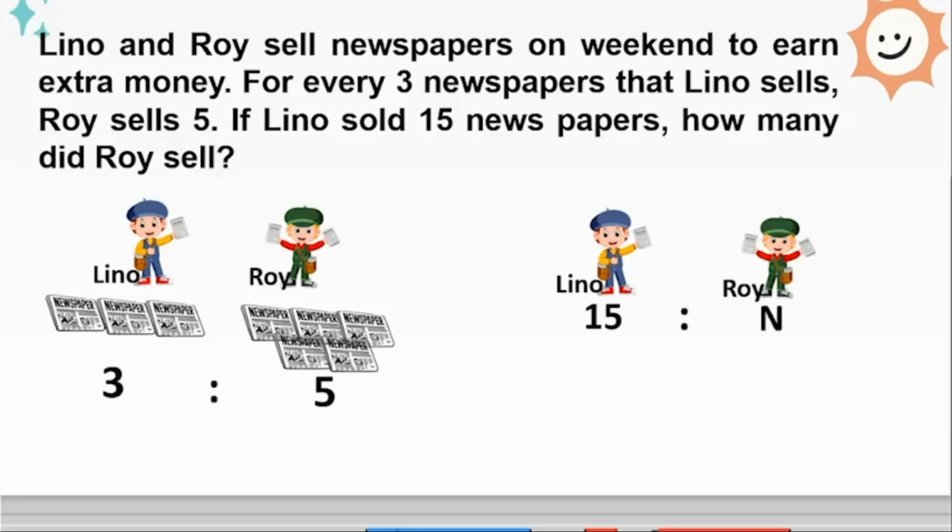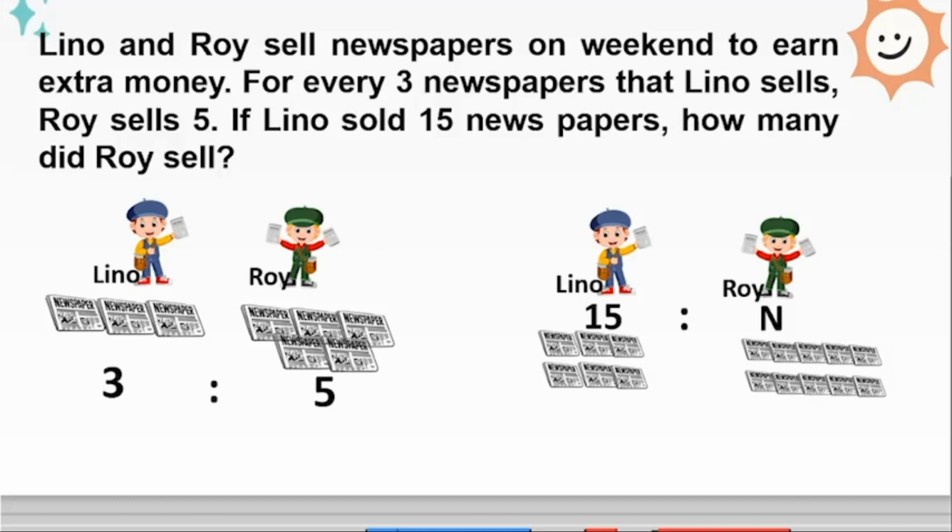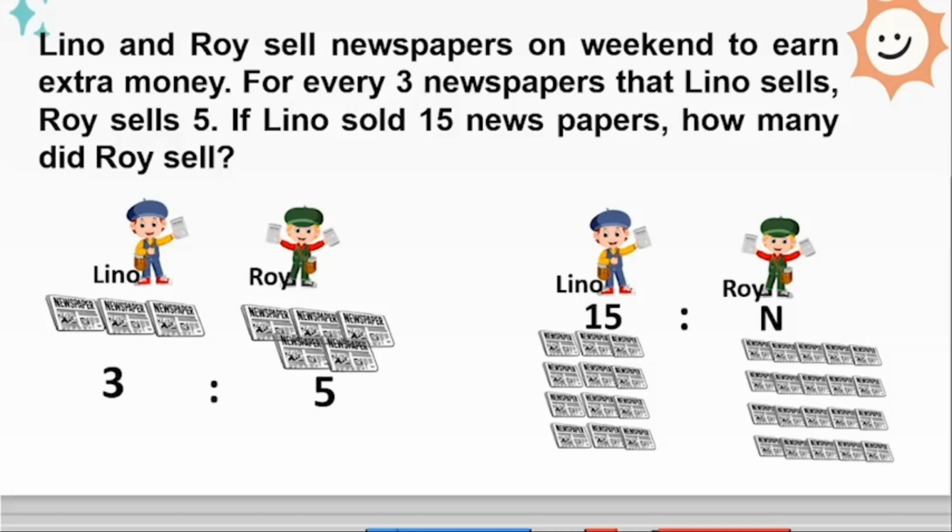So tumaas yung number ng nabenta ni Lino. So let's illustrate it this way. In every 3 newspapers that Lino sells, Roy sold 5 newspapers. So pag nagdagdag uli ng 3 nabenta si Lino, madadagdagan din ng 5 yung kay Roy. So dagdagan uli ng 3 yung kay Lino, nadagdagan din uli yung kay Roy. So nakikita ninyo yung pattern ng direct proportion. Sa bawat pagdagdag ng kay Lino, tataas din yung kay Roy.